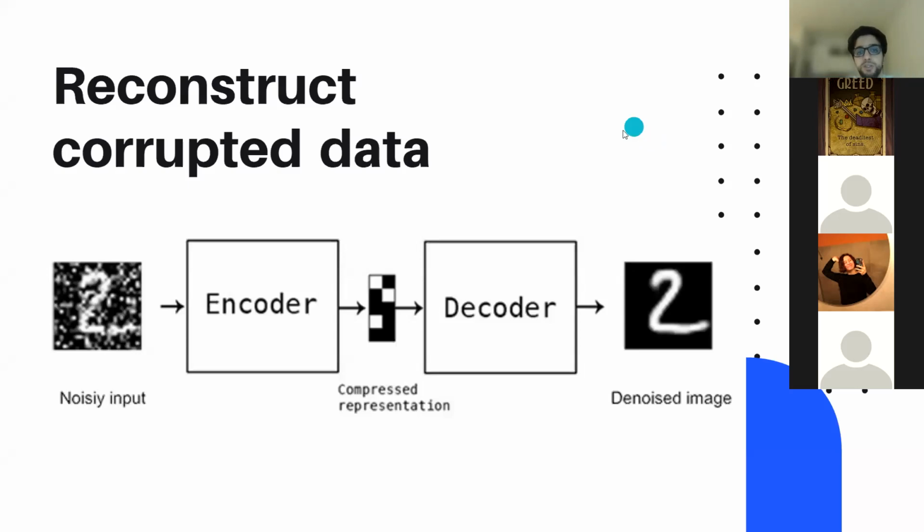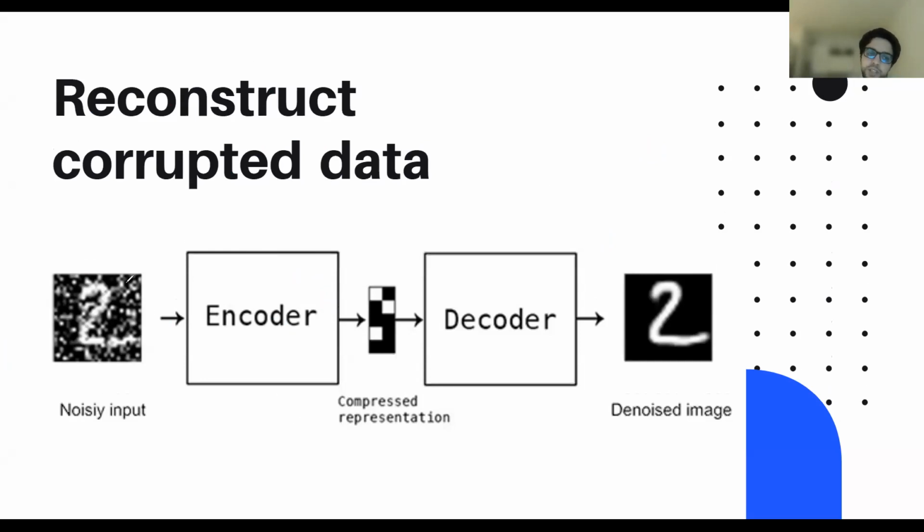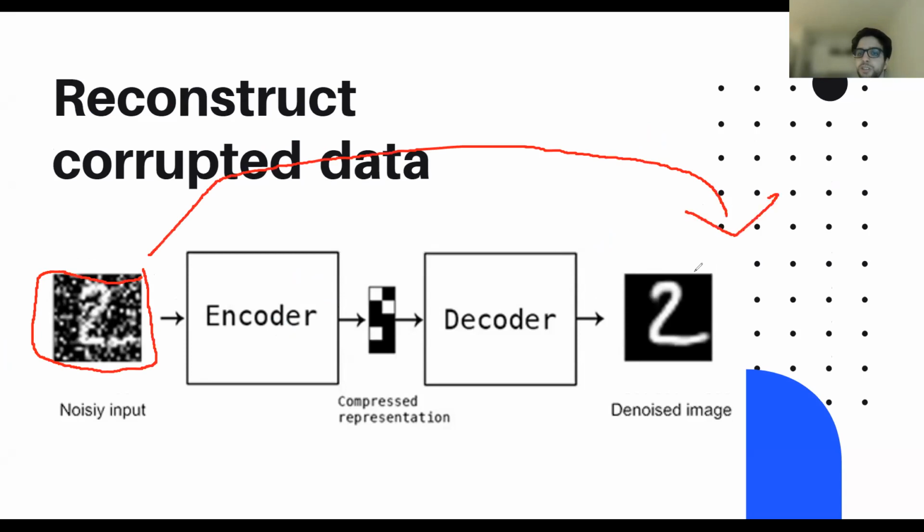Another application of autoencoders is called the reconstruction of corrupted input. These are called denoising autoencoders, and simply you give it a noisy input and you ask it to reconstruct a denoised version of that input.